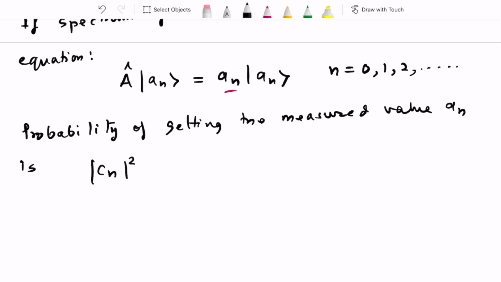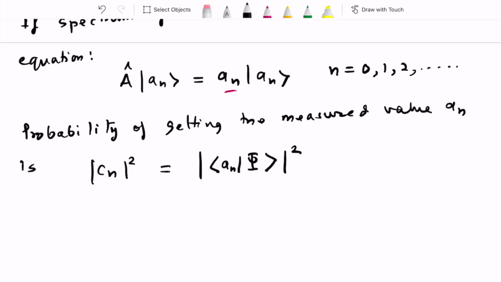And what is c_n? c_n is this quantity. Take the state a_n and find its scalar product with the state of the particle psi. That is the c_n. And square it, I mean take the complex conjugate square of it, that will give you the probability of getting the measured value a_n.